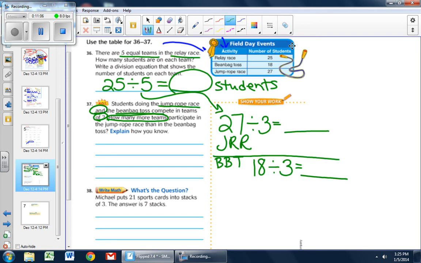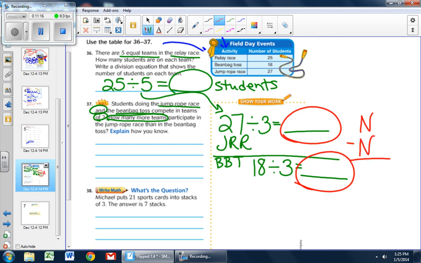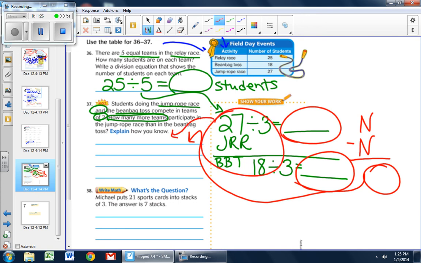Then you're going to take this answer and this answer and find the difference. So you're going to subtract, and this will be your final answer that'll go there. If you want to write all of this that I just did over here onto all these lines, you can, or you can just write your answer, but make sure that this is labeled so that we know which one to go back and look at.